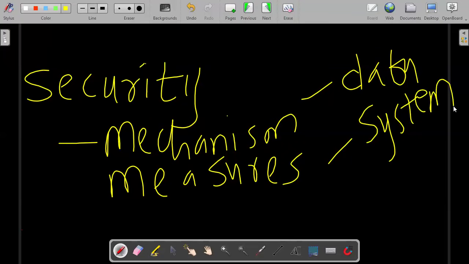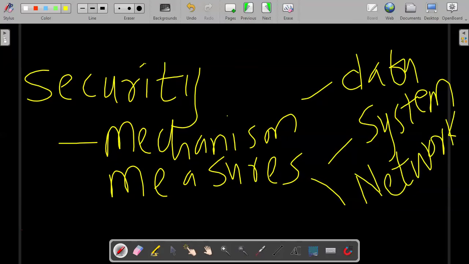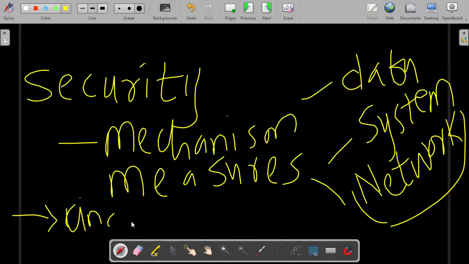I think it can also protect data, system. We can also protect your network. This is where cybersecurity comes into play, right? So these are mechanisms, measures, tools that you put in place to protect your data, your system, network from what? Unauthorized access.